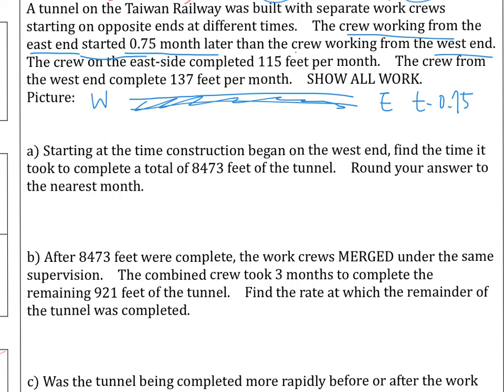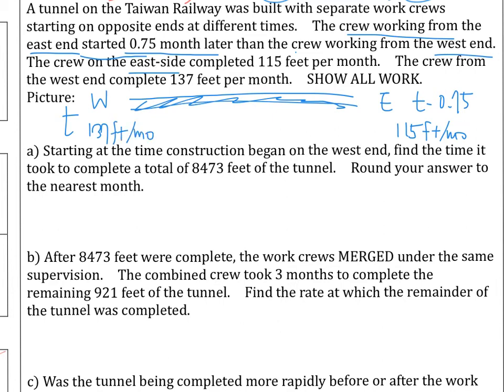And for the west end, we will represent that as T. And let's keep reading. The crew on the east side completed 115 feet per month. The crew from the west side completed 137 feet per month.